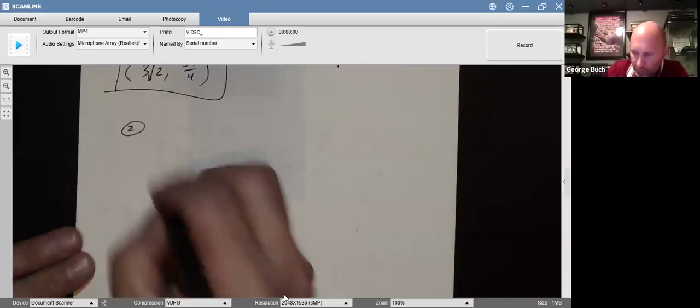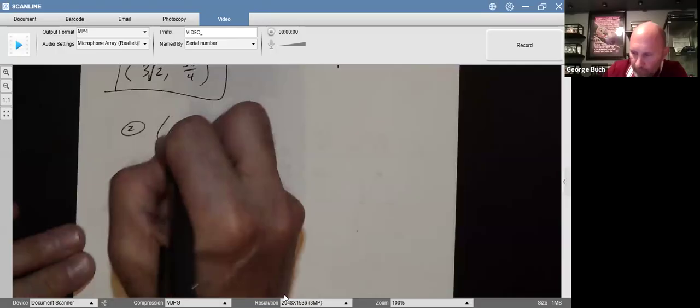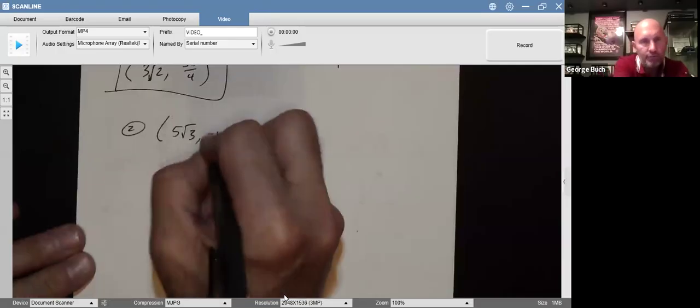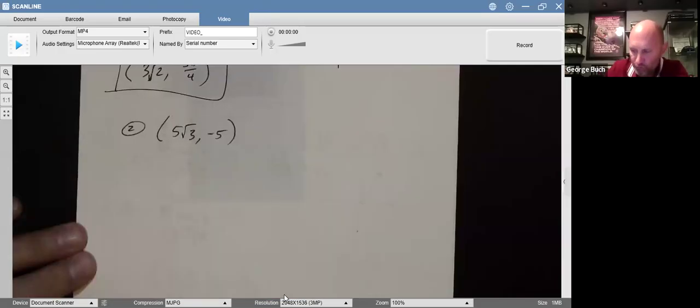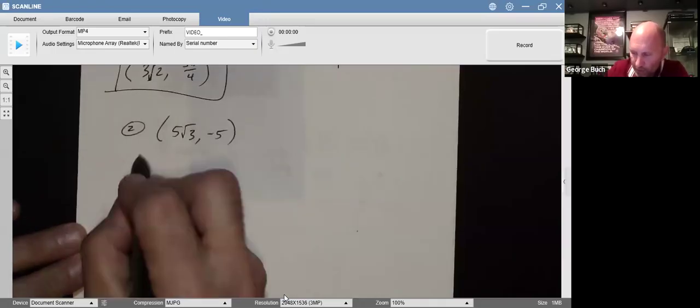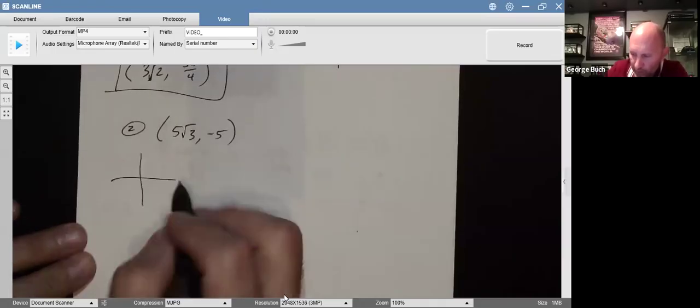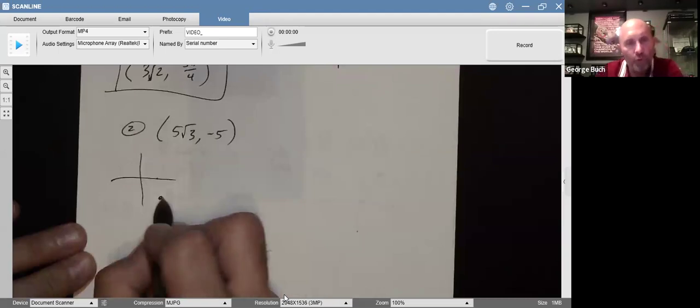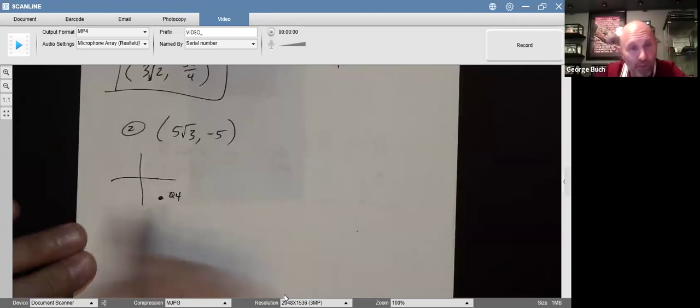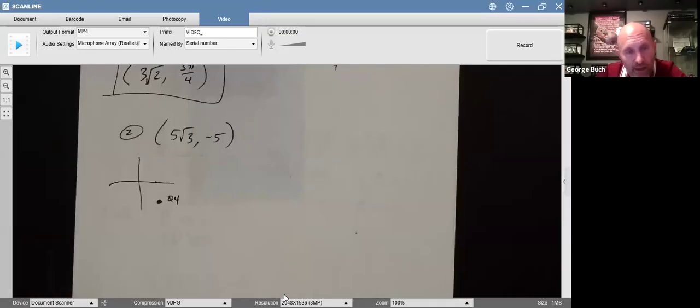What if I have 5 root 3 and -5? So again, let's just draw a rough sketch. X is positive, y is negative, so I'm down here in quadrant 4. So when I'm trying to figure out my value for theta, I want a theta that's in quadrant 4. So now go ahead and do the work.